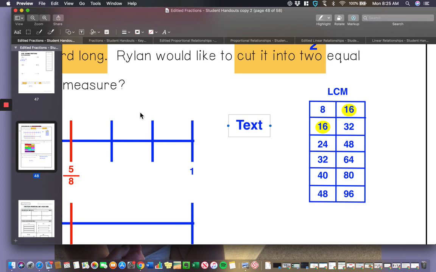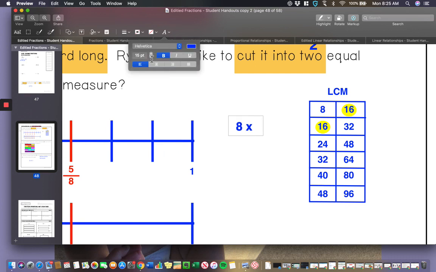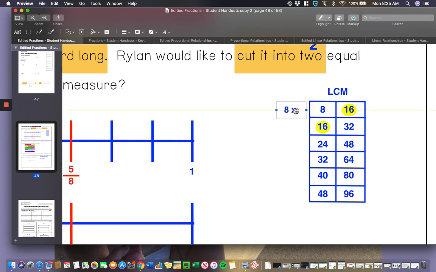So we could have done 8 times 1. I could also do 8 times 2, then 8 times 3, 8 times 4, 8 times 5, and 8 times 6.